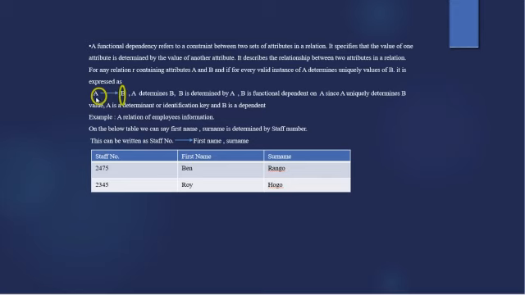So every attribute on the left hand side represents the determinant.